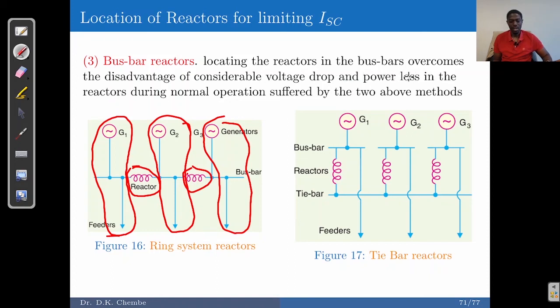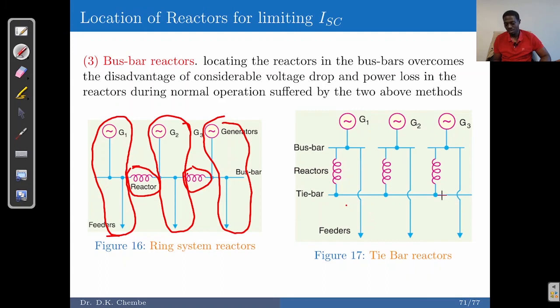So reactors in the bus bars overcome the disadvantage of voltage drop and power loss in the reactors during normal operation. This is what happens in the first two cases that I showed. Then the other setup that could be done is by installing what we call the tie bar reactor. This reactor is placed with an additional tie bus bar.